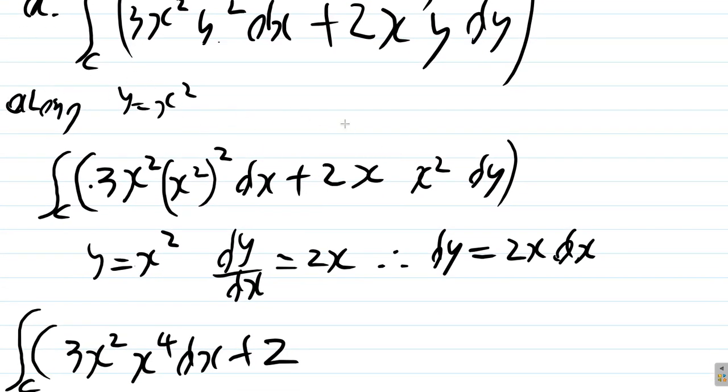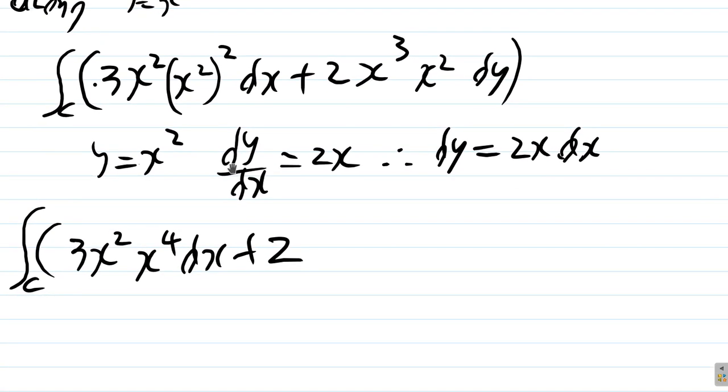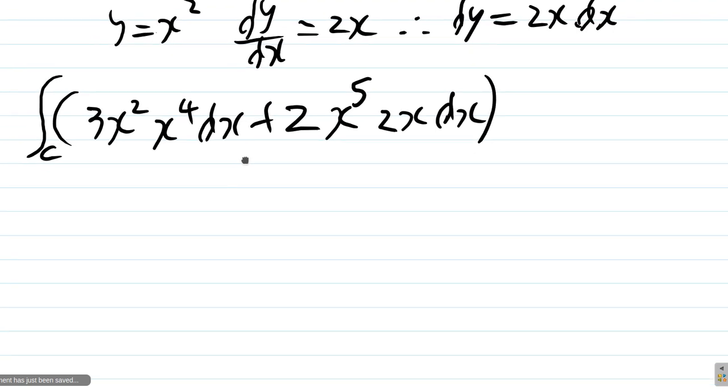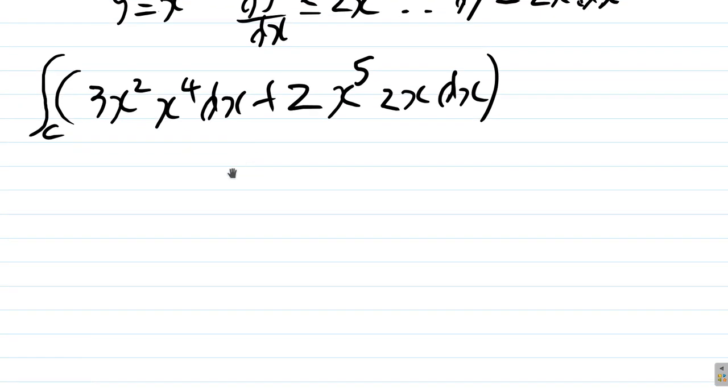It should be x cubed. Right. 2x cubed y, which is 2x cubed times x squared. So what we have here is 2x to the 5th dy, but dy is 2x dx. Okay, good. So we're putting it together bit by bit.